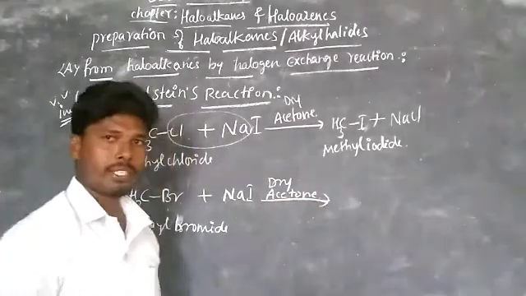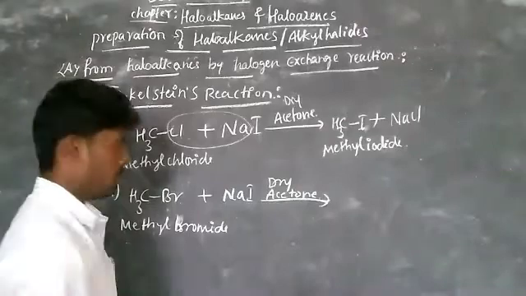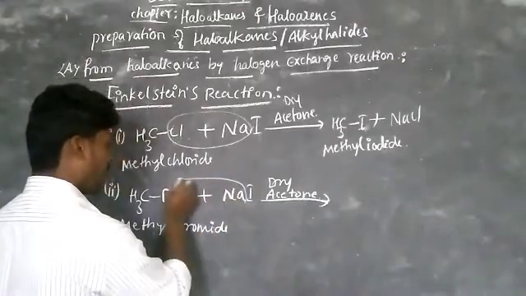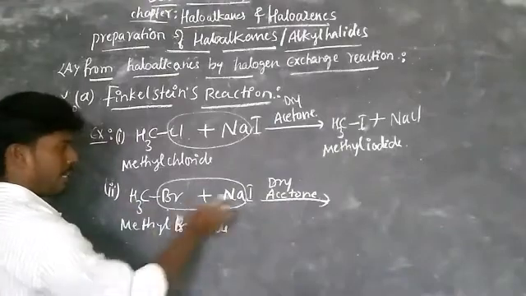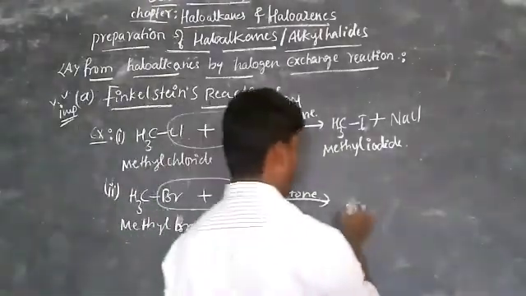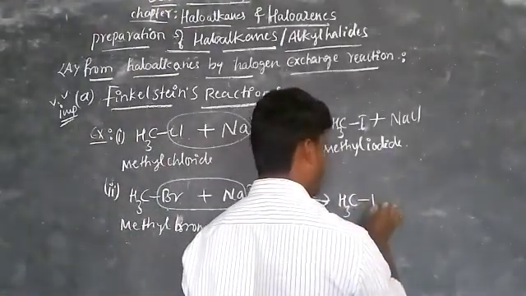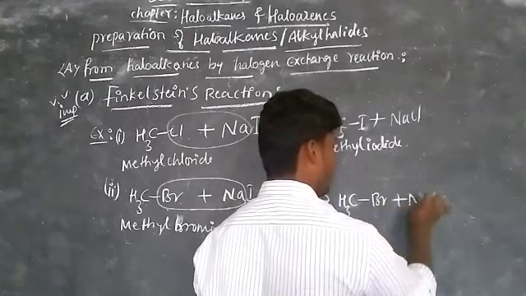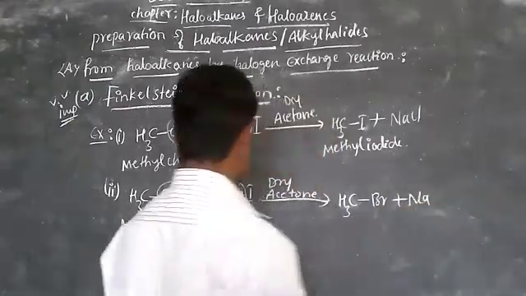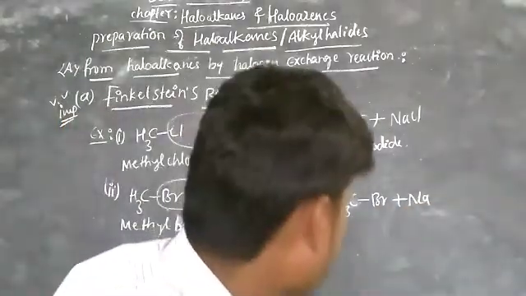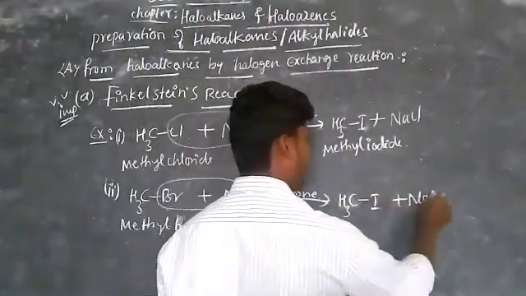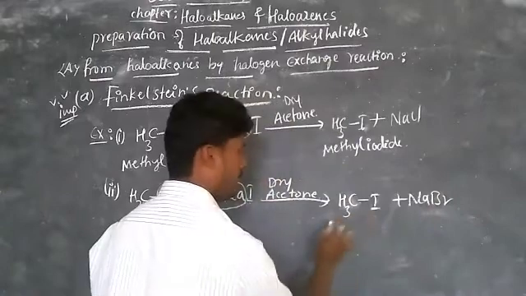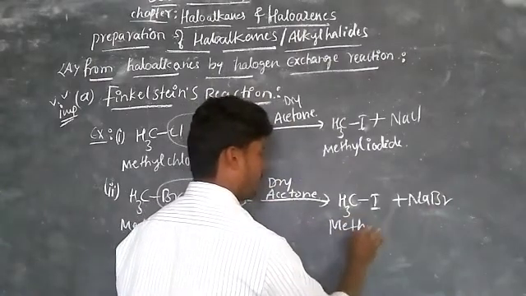Dry acetone is used as a solvent. What you get? Bromine becomes sodium bromide, and methyl and iodine become methyl iodide. That is CH3-Br plus NaI gives methyl iodide plus NaBr. What you get? Methyl iodide.